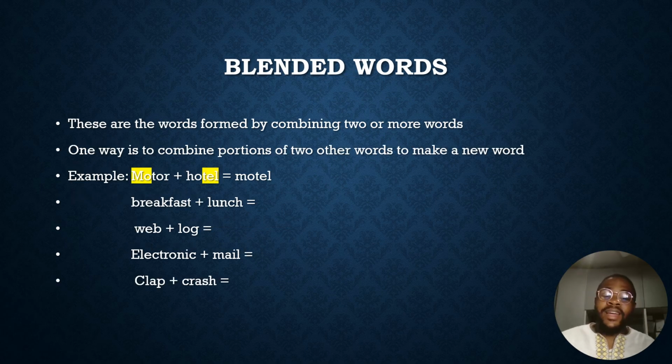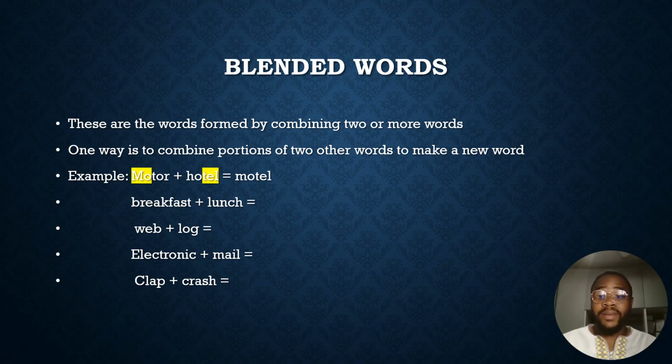Now, we have another kind of word called blended words. These are the words that are used to create absolutely new meaning. Now let's hear what blended words are. These are the words formed by combining two or more words.